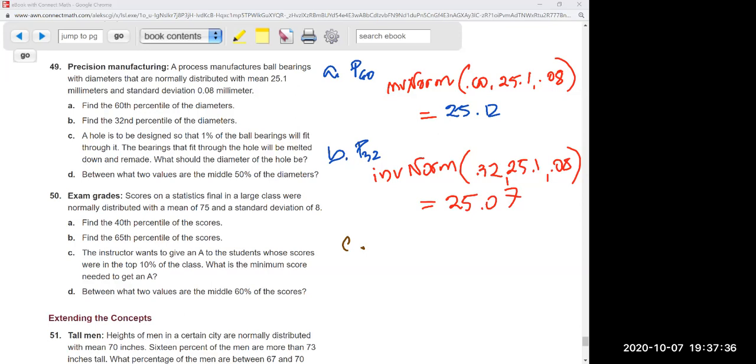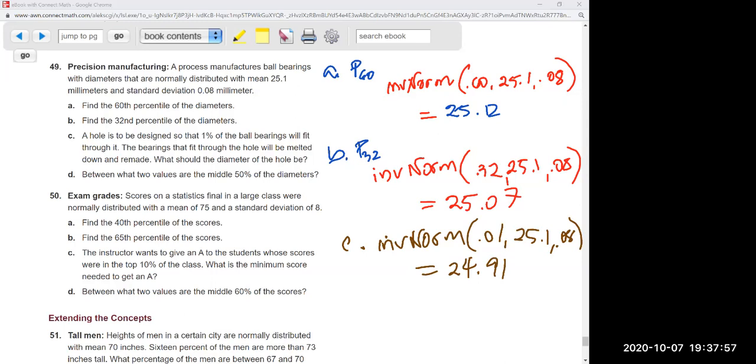Yes, that is also correct. You just have to change it to 1%. That is 24.91.